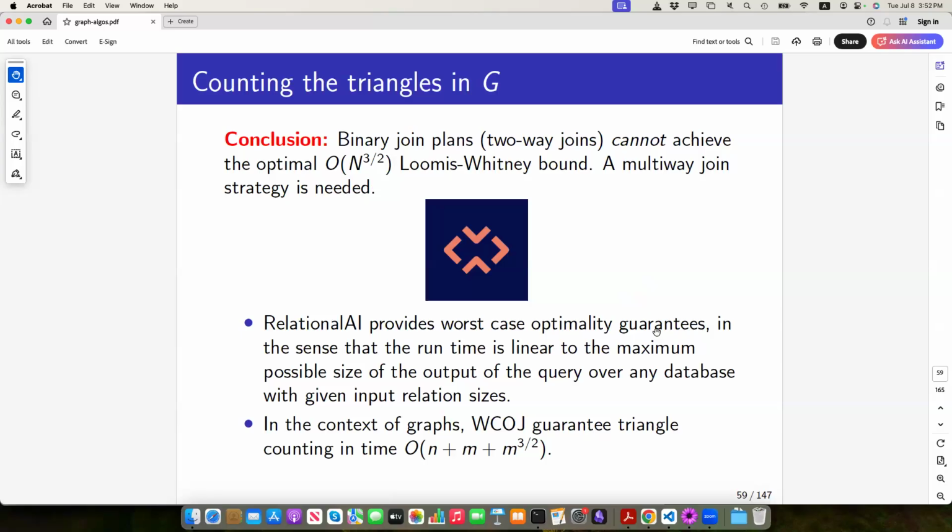And this is something that RelationalAI is able to do very efficiently. So it's able to provide this worst case optimal guarantee in the exact counting, where you guarantee time which is very close, actually up to some logarithmic factors, to 1 plus n plus n to the 3/2, which is the worst case output size.